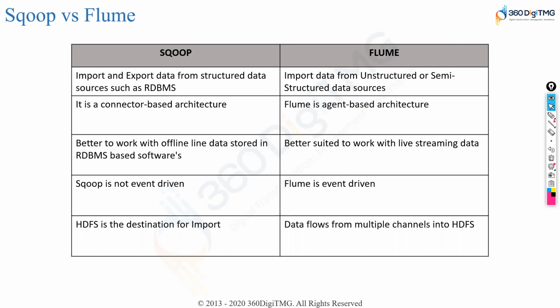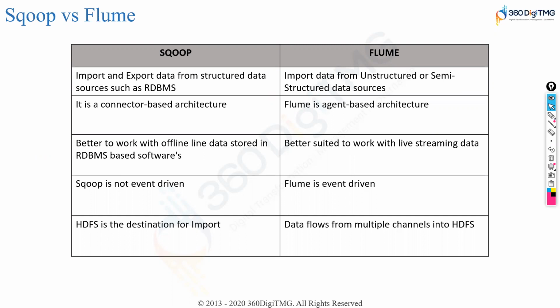That means when the record is getting generated at that instance, the code gets executed. So it is event driven. Whereas Sqoop is not event driven. There's nothing like only when an event occurs, the data has to be pulled out. No, it's not event driven. You have to manually write code and pull the data.